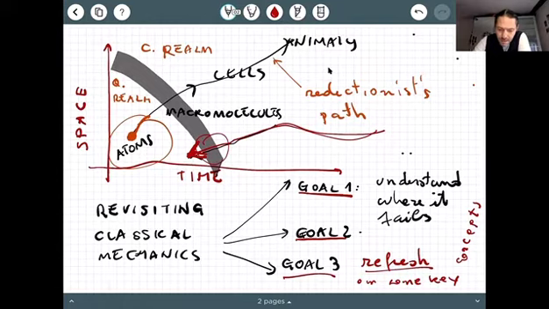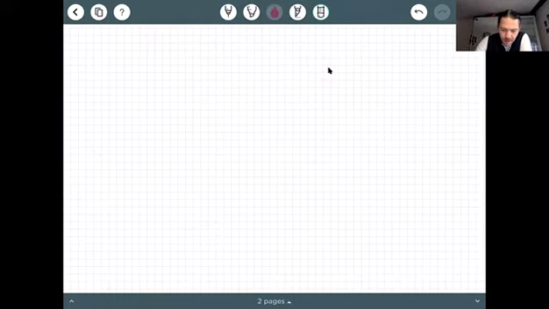Okay, so classical physics, I would say, is a collection of physical laws. And if I were to ask you what classical mechanics is, you probably would say it is the result of applying Newton's law.